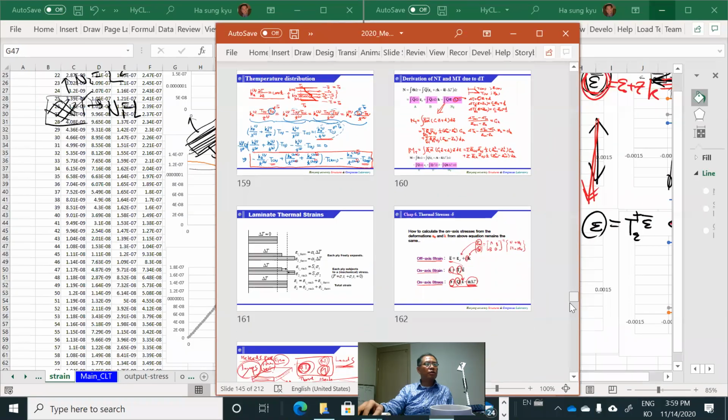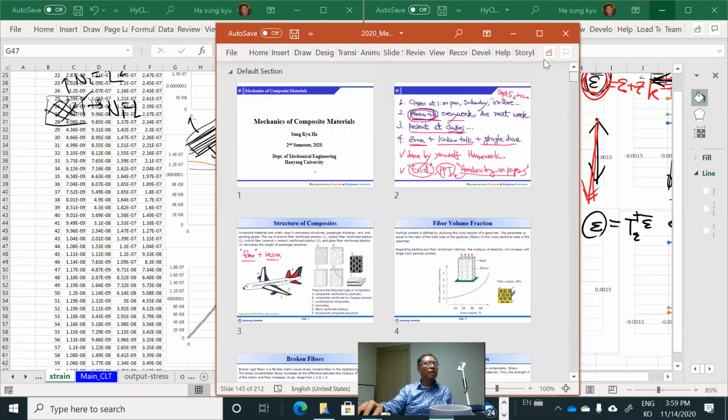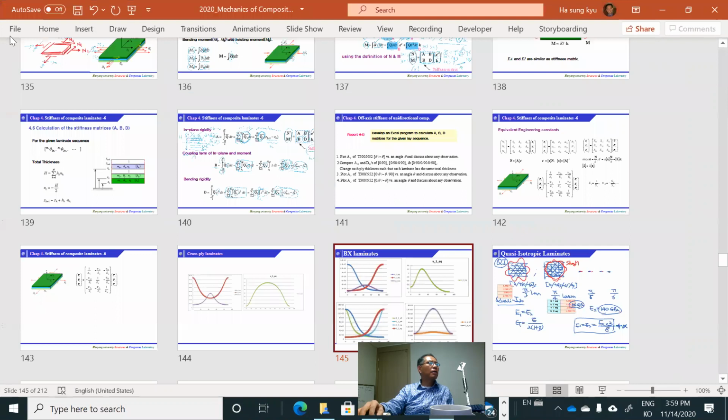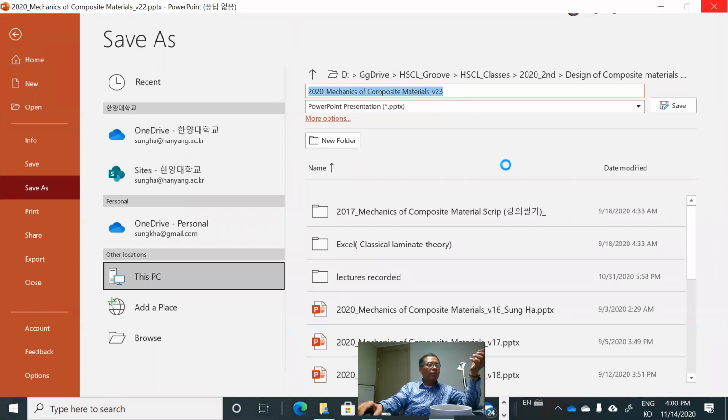I will again share all of this. This is going to be version 3, a new one, not much change, but the one we just developed in Excel is very important.